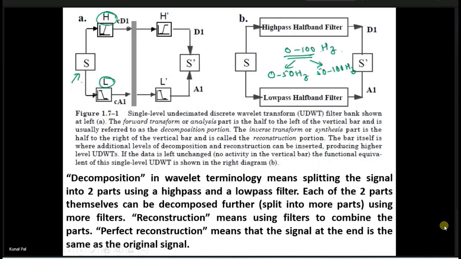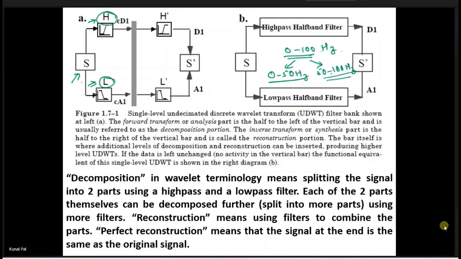The bandwidth of both the low pass filter and the high pass filter is the same, which is why you get the frequency components 0 to 50 hertz and 50 to 100 hertz. The bandwidth is 50 in both cases.